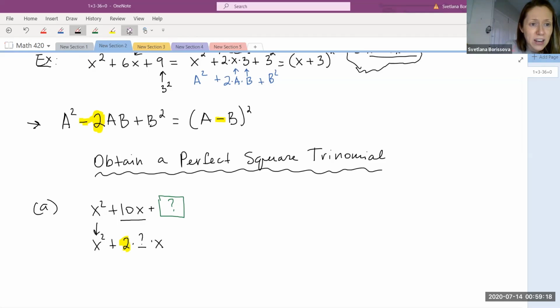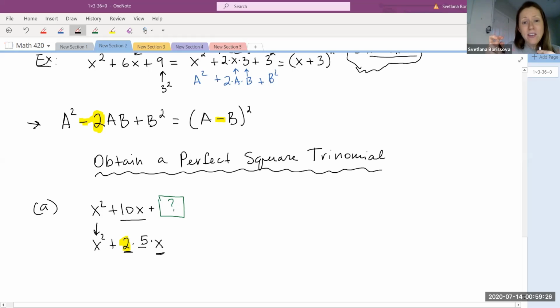So I have to write actually 2 times 5, times x. Now x is what I call a. Well, it means that the number that appeared by itself, that must be b. If I'm trying to create this pattern, that has to be b.